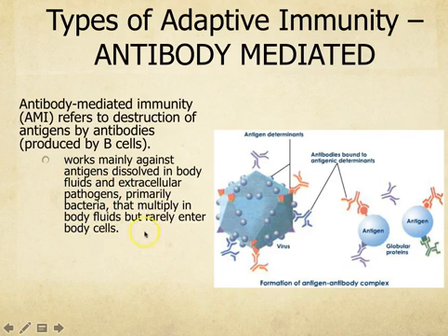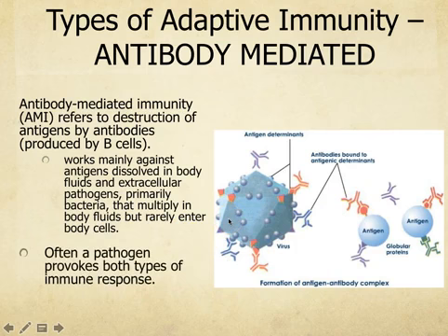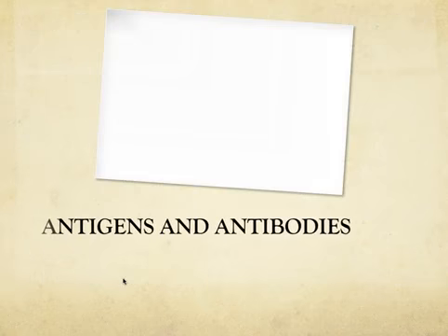Once they're inside cells, the antibodies cannot help you. That's the job of the T cells. And most of the time, pathogens provoke both types of immune responses. It's not just the B cells attacking, and it's not just the T cells attacking.